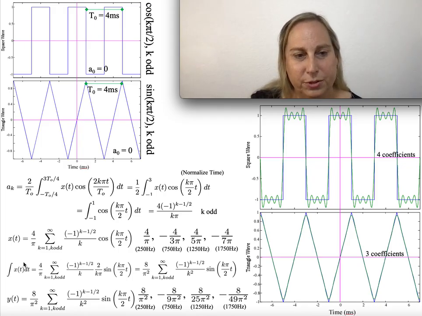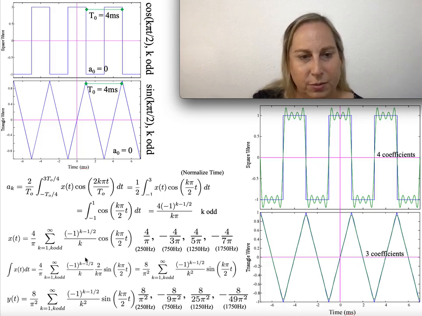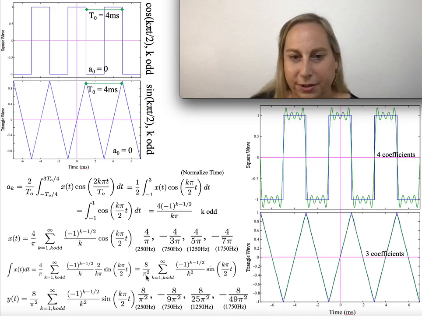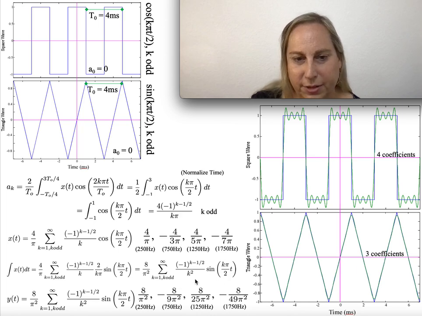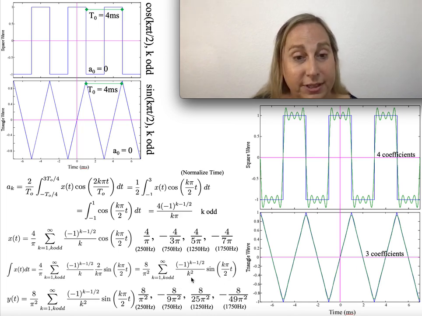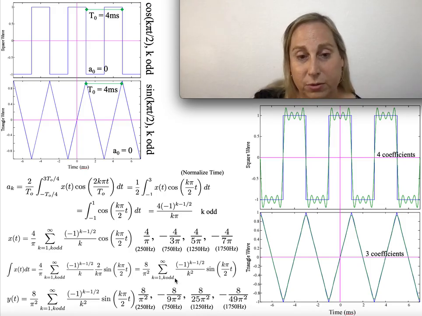So if I were to integrate just my solution over cosines, I'm going to get 8 over pi squared, and then the same alternating term, but now with a k squared. So the coefficients are going to the same sort of position and frequency.